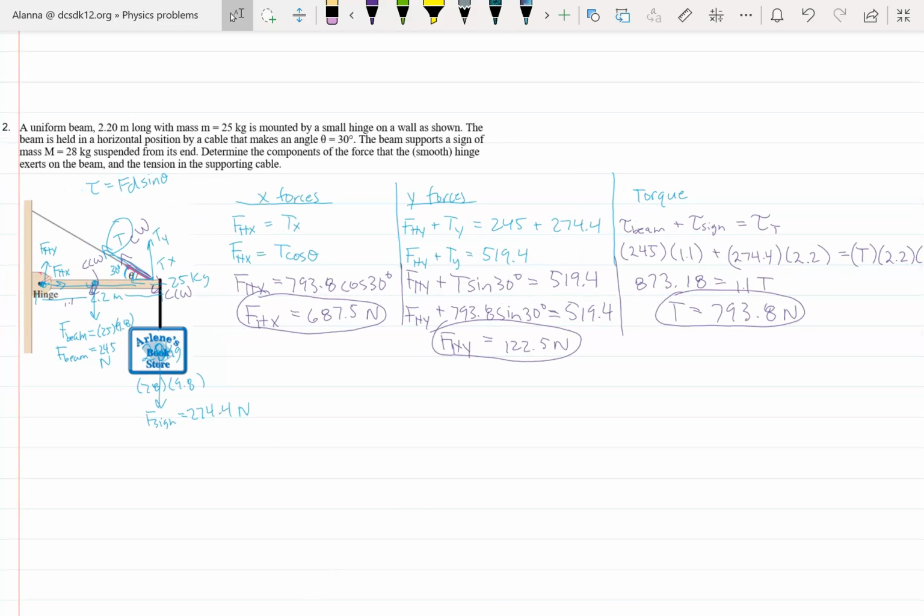So notice that the tension in the cable had to be pretty high because it had to balance out not only with all of the forces, but with the possible rotation caused by those forces.